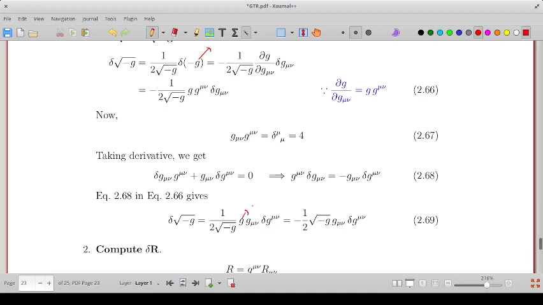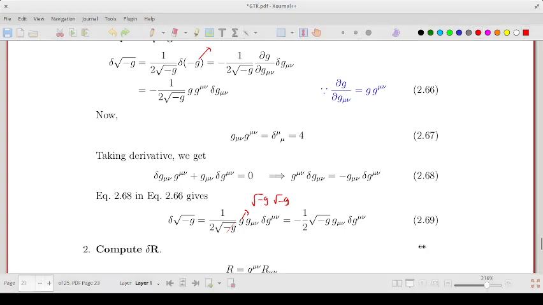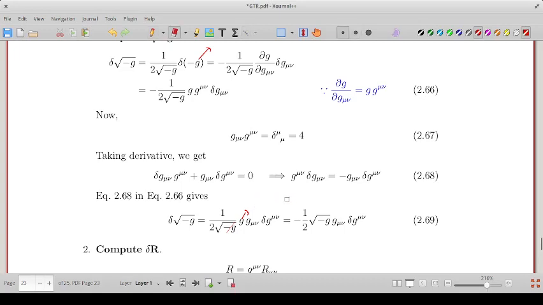But now this g can be written as minus of minus g.